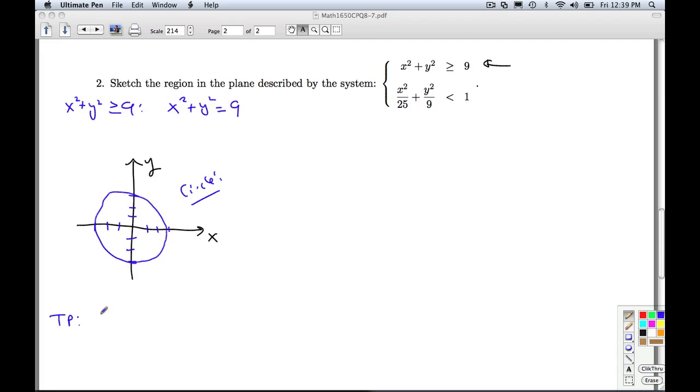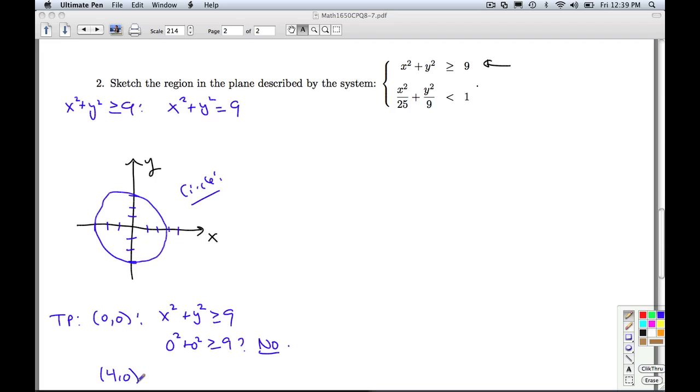Let's pick a test point inside the circle. A convenient choice is 0, 0. If I plug 0, 0 into the inequality, is it satisfied? And the answer is no. So that means I'm not going to be shading inside the circle. So it appears as if we'll be shading outside the circle. But to double check, let's take a test point outside the circle.